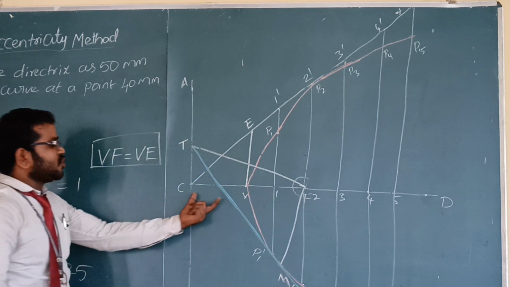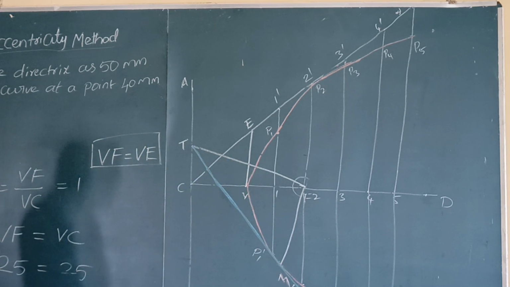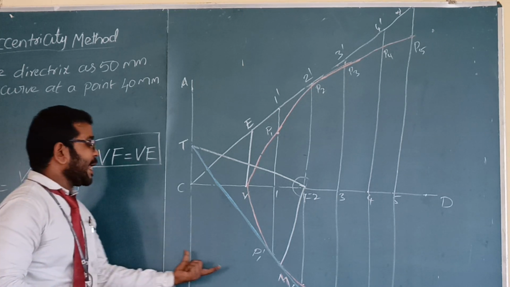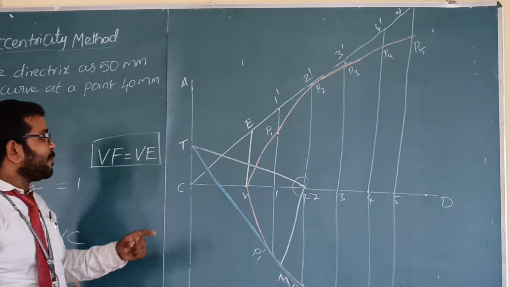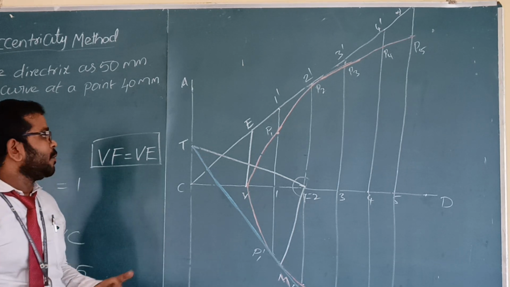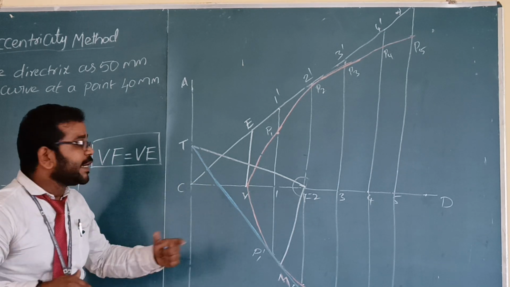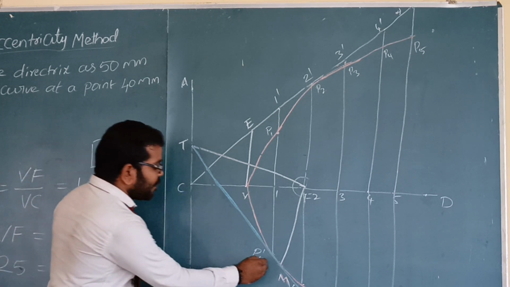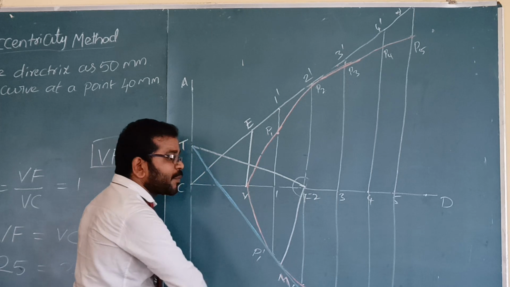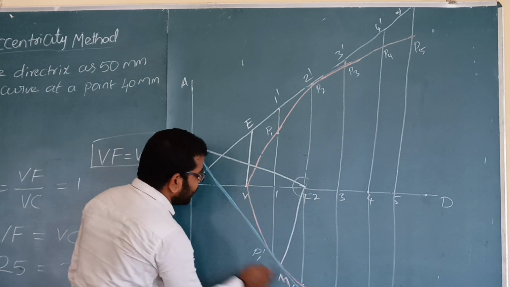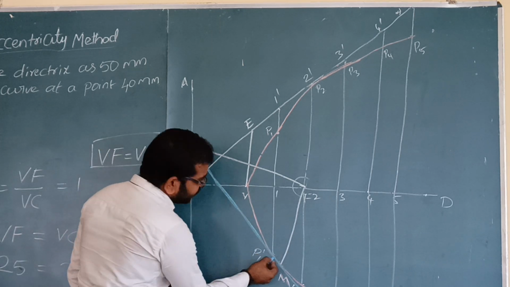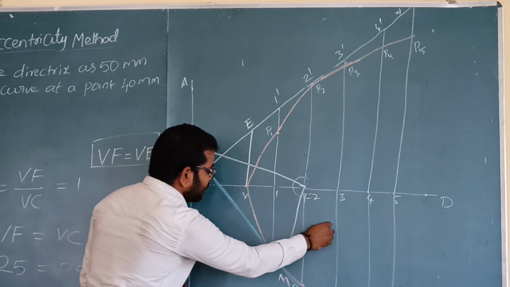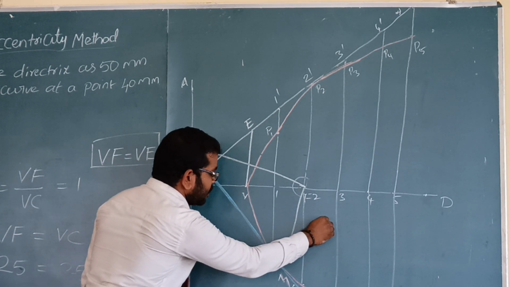This tangent line must also be thick, so it is better to use the HB pencil. Next we can draw the normal. The normal is a perpendicular line to the tangent. From the point M, draw a perpendicular line to this tangent line using the protractor.